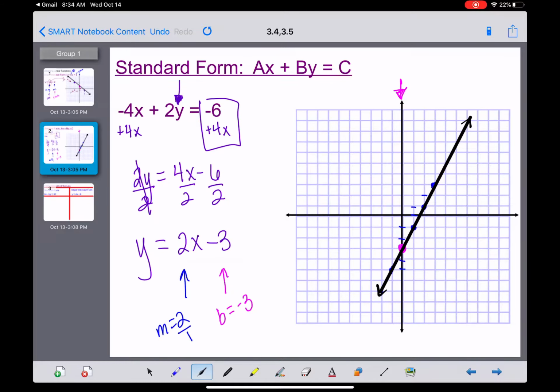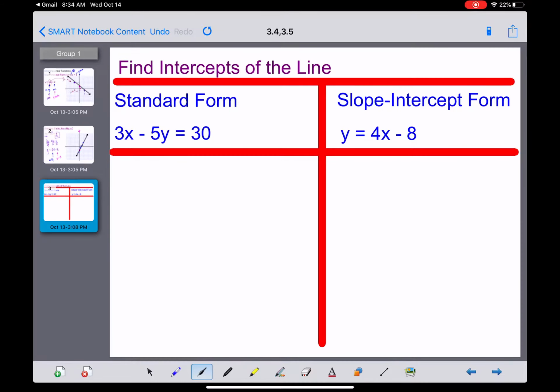The last part of this unit is asking for the intercepts. The intercepts are where we cross the x and the y axis. The x-intercept is where we cross the x-axis. The y-intercept is where we cross the y-axis.